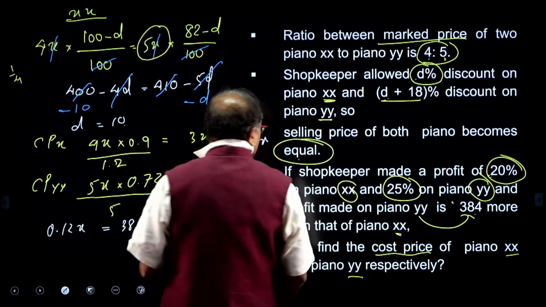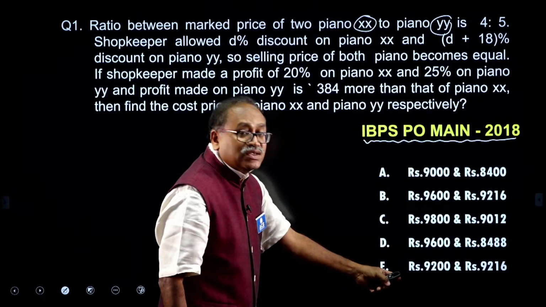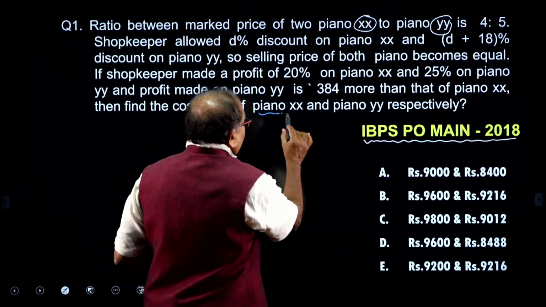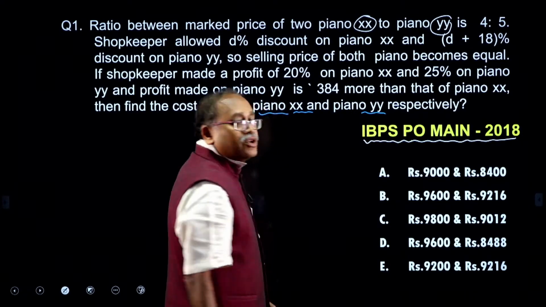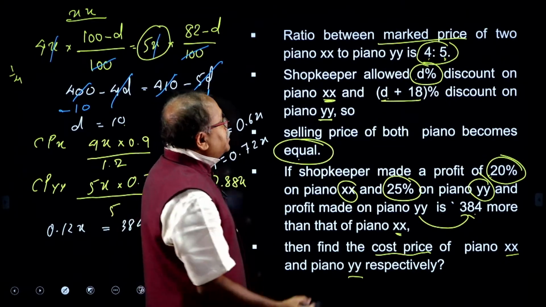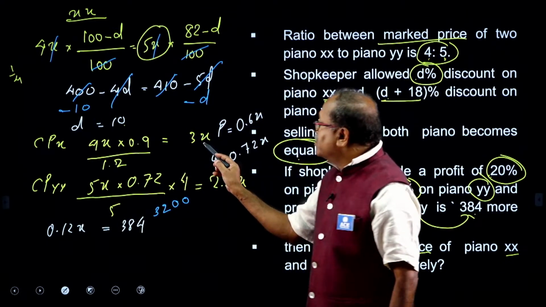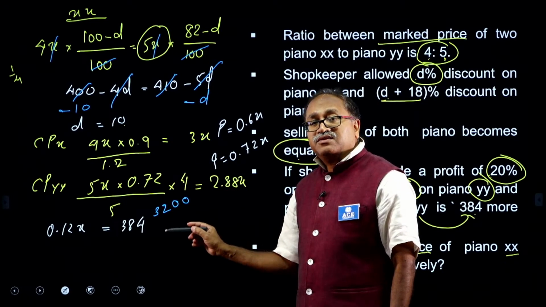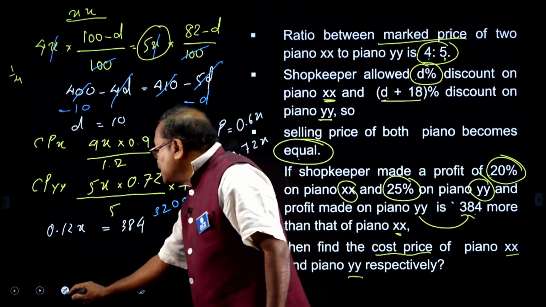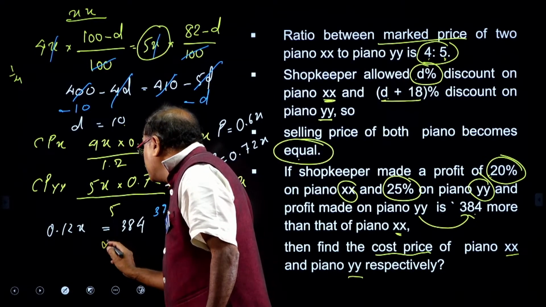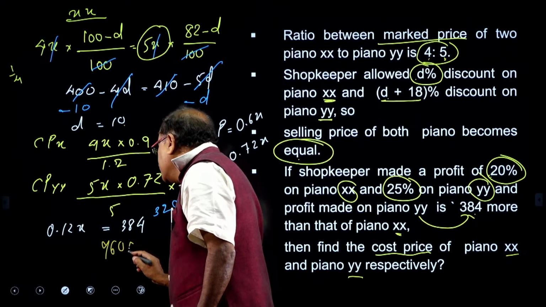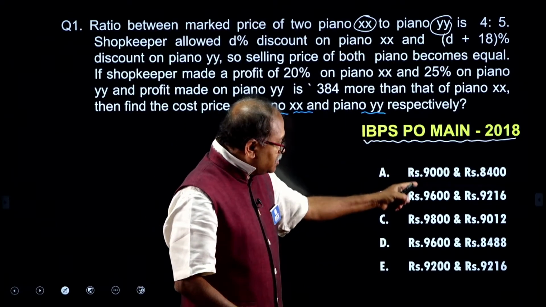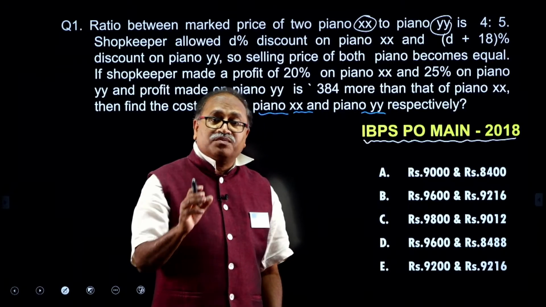Now, you are asked in the question, and we have the options. It says to find the cost price of piano XX and the cost price of piano YY. We already got the cost price of XX is 3x, so multiply this by 3x, that is 9600. So my first figure is 9600. If you want to fix this with the options, 2 options are there.